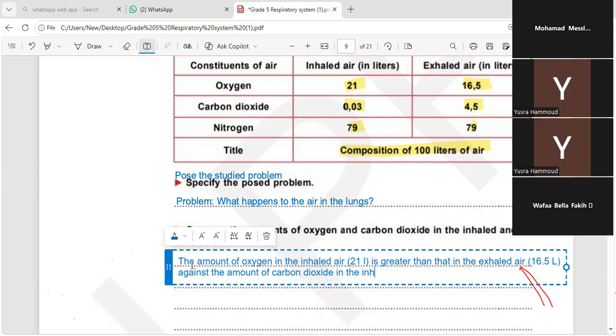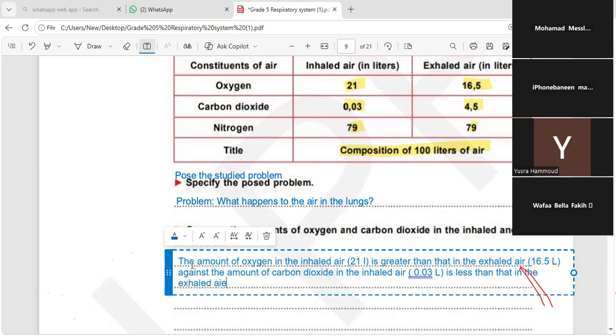Wafa, read the answer for us that I'm writing. The amount of the oxygen in the inhaled air 21 is greater than that in the exhaled air 16.5 liters, against the amount of carbon dioxide in the inhaled air 0.03 liter is less than that in the exhaled air.